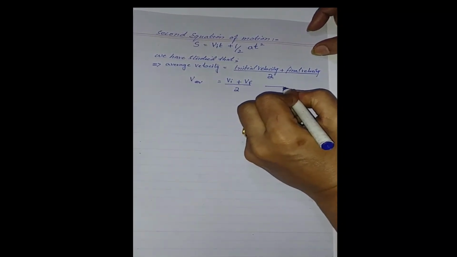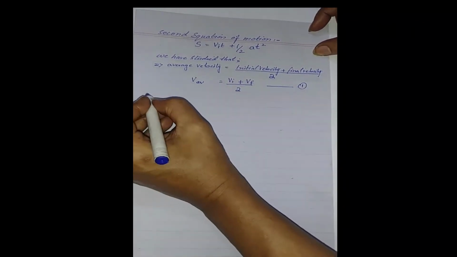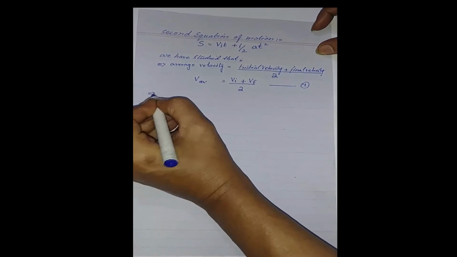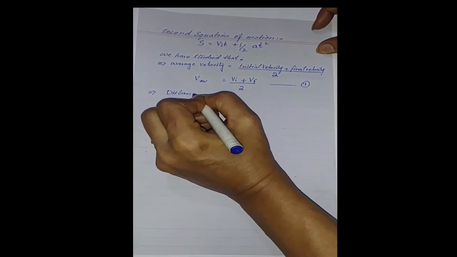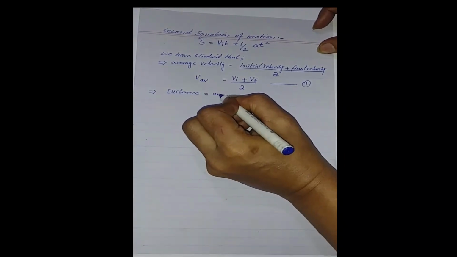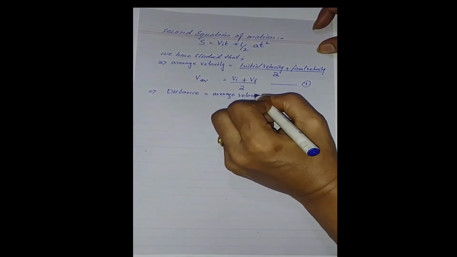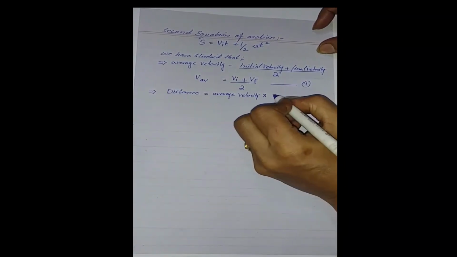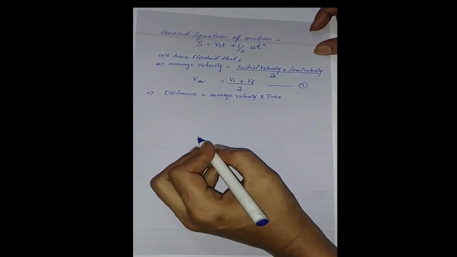Now we are going to call this equation number 1. Now here we are going to use another formula, that is of distance. Distance is equal to average velocity into time taken by an object.